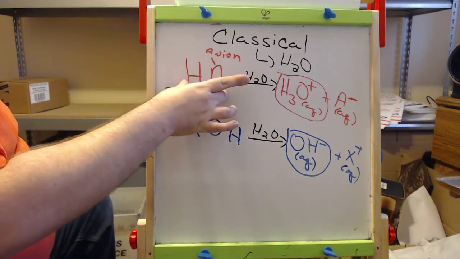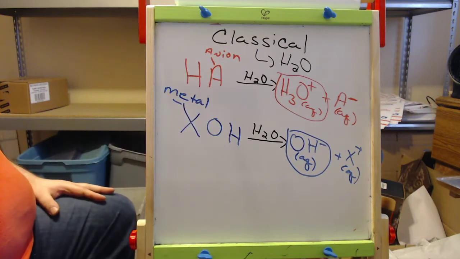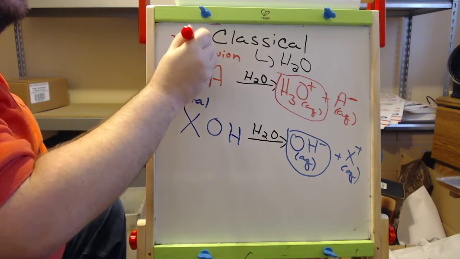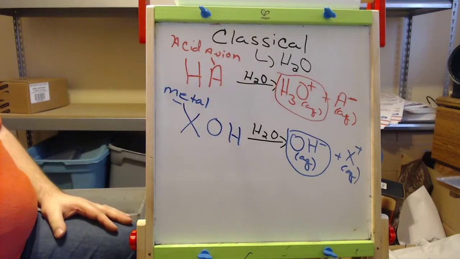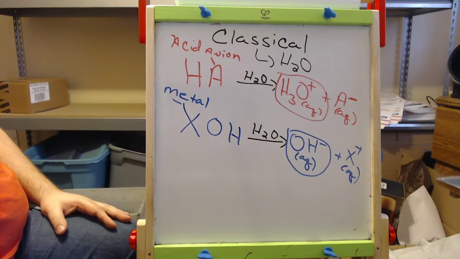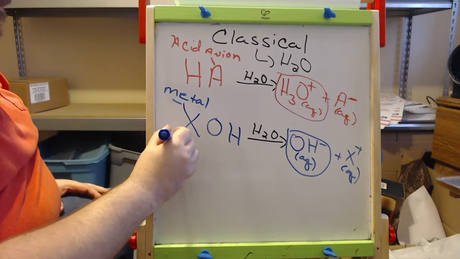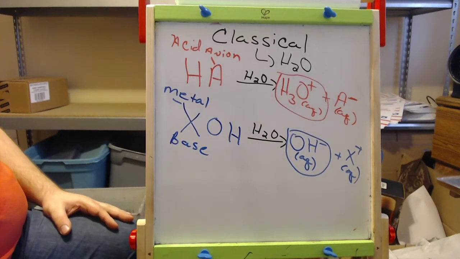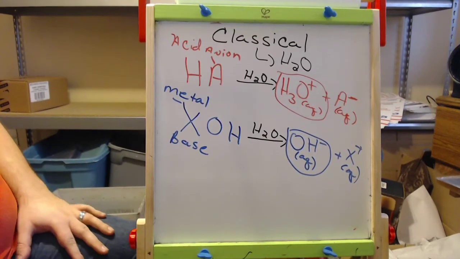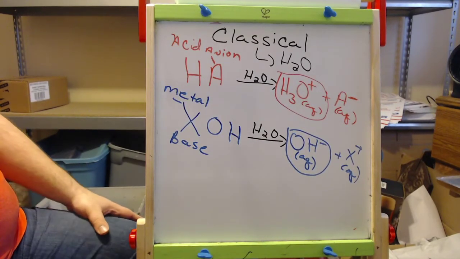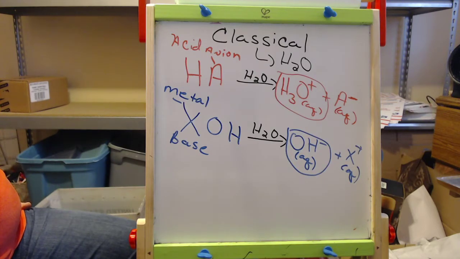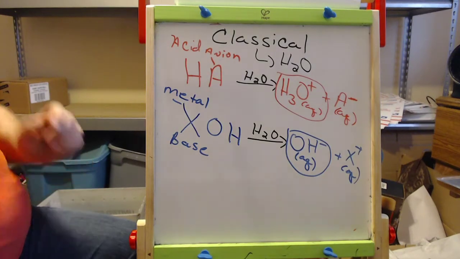An acid, I should write that this is an acid, will create hydronium. A base will create hydroxide. Okay. Any questions on that so far?